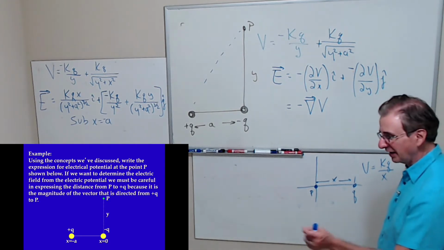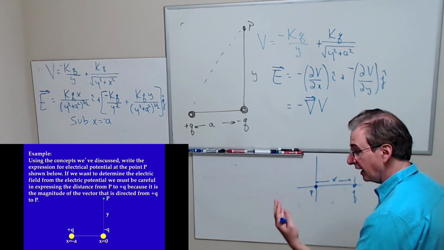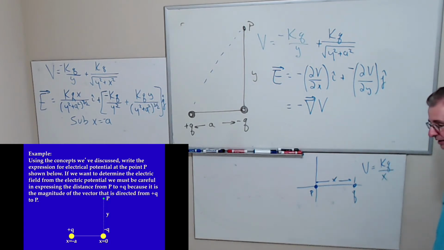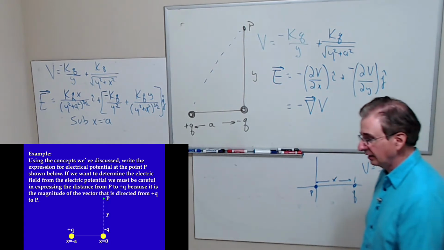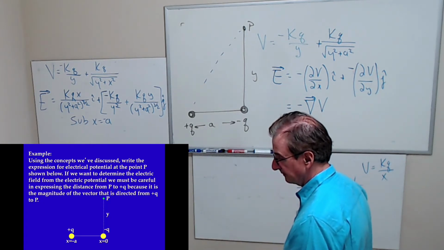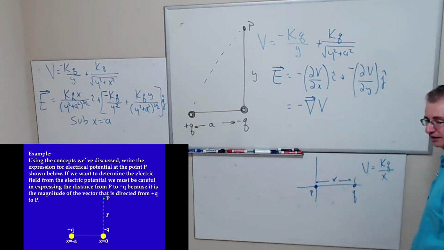Now, my next question to you is, go ahead and calculate the electric field by taking the derivative. And then think about, does the answer you get make sense? Okay?